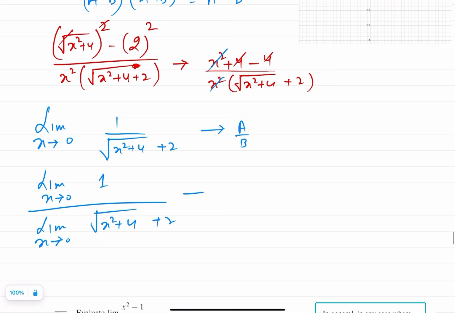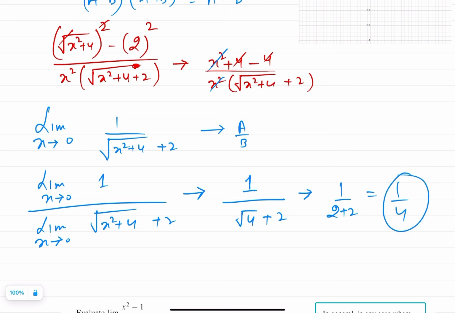We know for a constant function the limit will be equal to the constant number, and if we put 0 over here, it will be root of 0 squared plus 4, root 4 plus 2. On simplifying, root 4 means 2, plus 2, that is 1 divided by 4. This is the limit of this function. Or if you want to simplify it more, it will be 0.25. So the limit for the above function is 0.25.